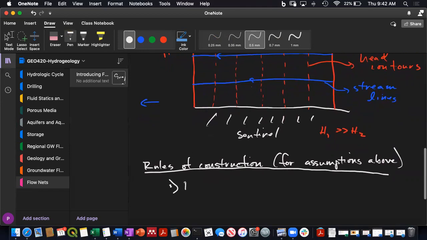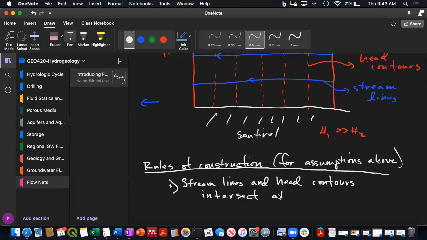Number one, flow lines, I'm going to just use streamlines, and head contours intersect at right angles.